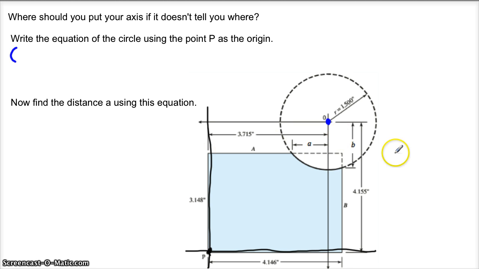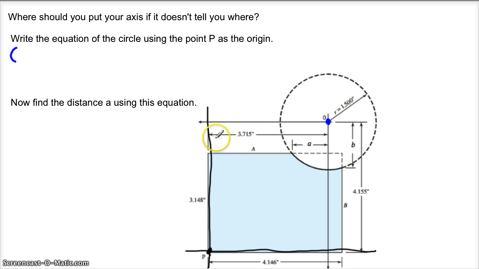And the 4.155 measures from here to here. Those are both actually y distances, right? In the x dimension, I have this 4.146, which measures, in my case right now, from the origin all the way over to the edge of the box here. And then 3.715 measures from the origin over to the center of the circle.